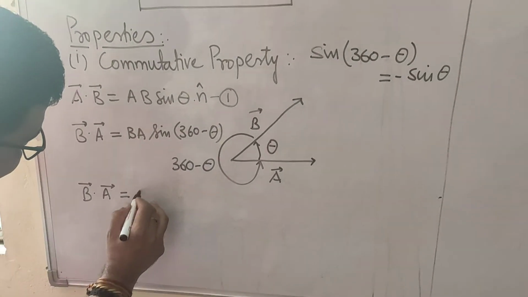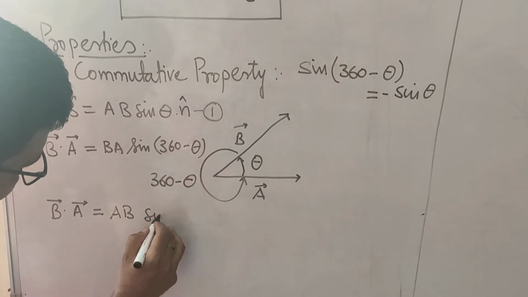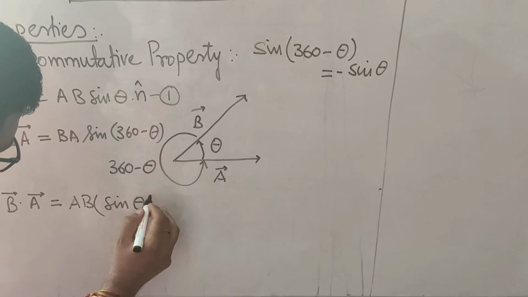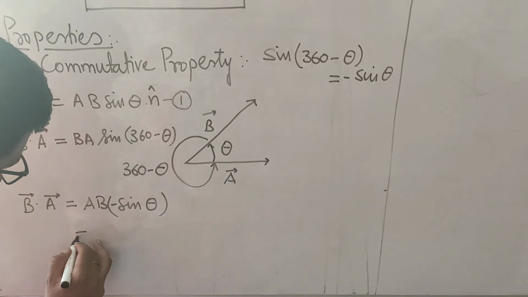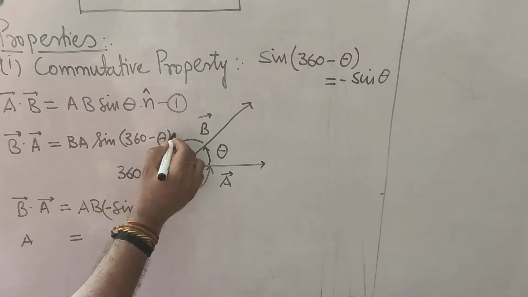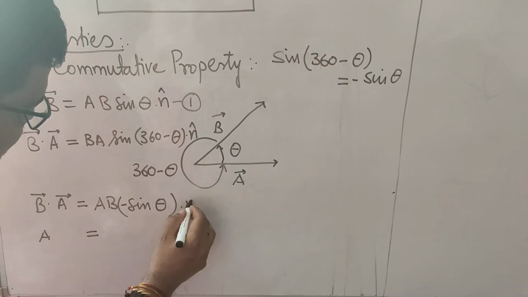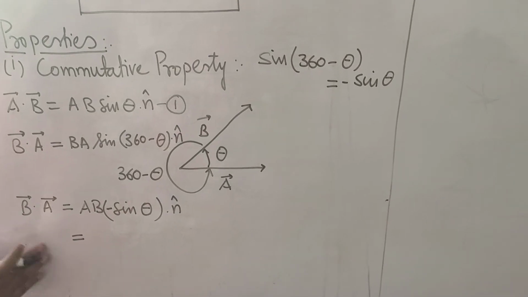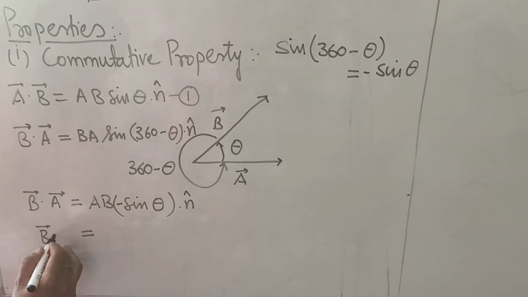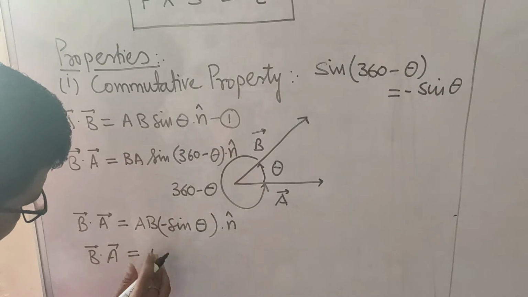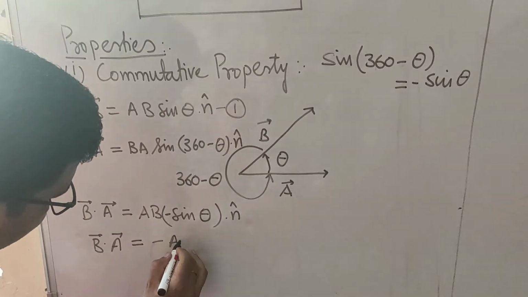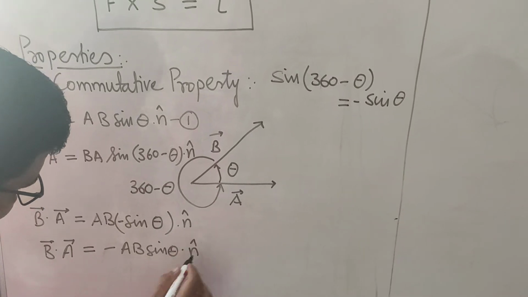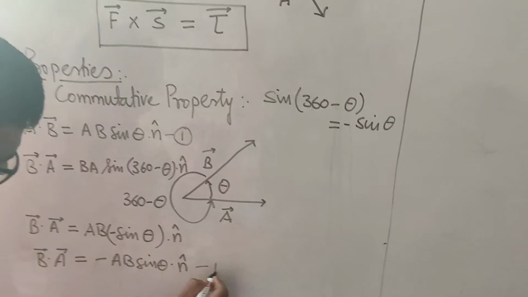So BA can be written as AB, sine 360 minus theta will become minus sine theta. So this result is, and here also you are having n cap, B cross A is equals to minus AB sine theta n cap. This is equation number 2.